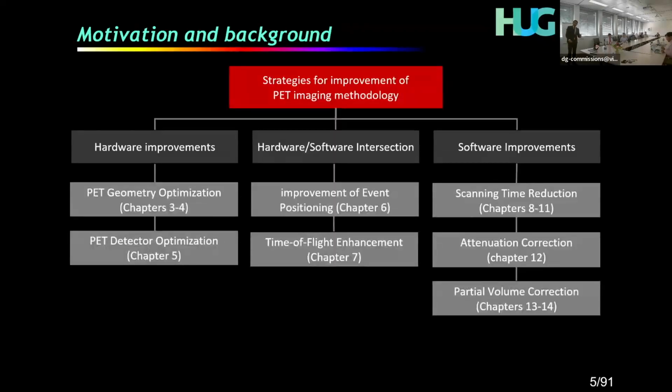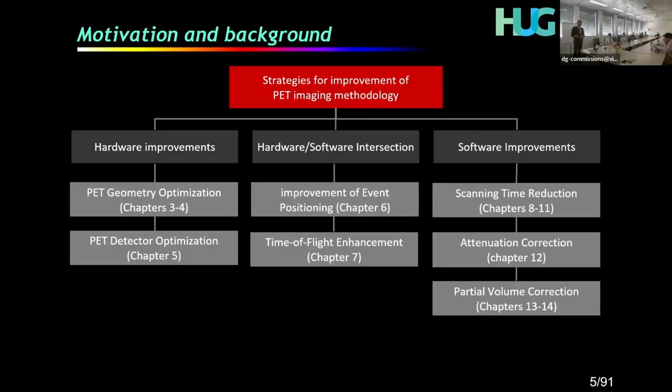To categorize all of these studies, we categorized them in 3 different parts. The first part is about hardware improvement, the methods which we use to make the PET scanner geometry more optimized, and also making more optimized detectors. In the second category, we are talking about the hardware and software intersection, how software can improve hardware performance.